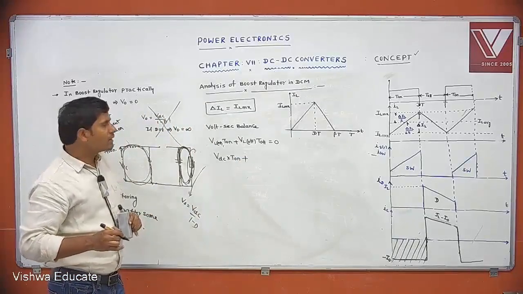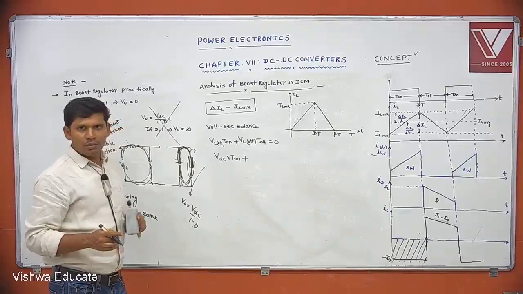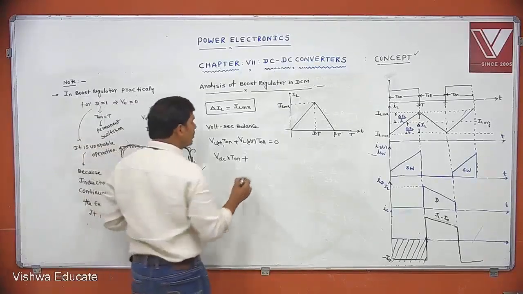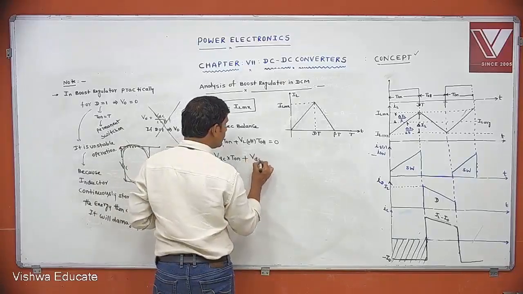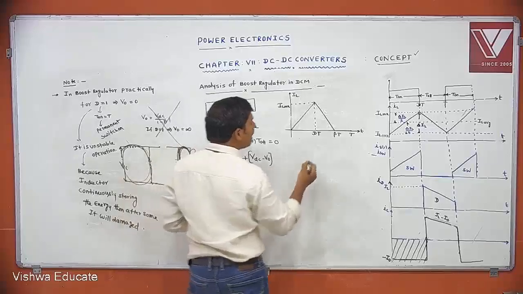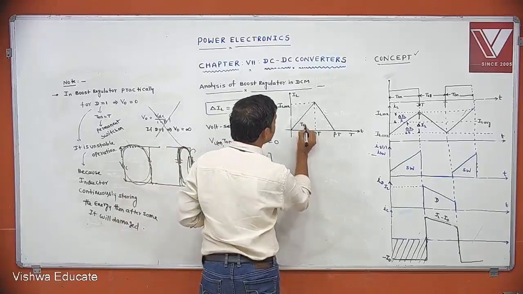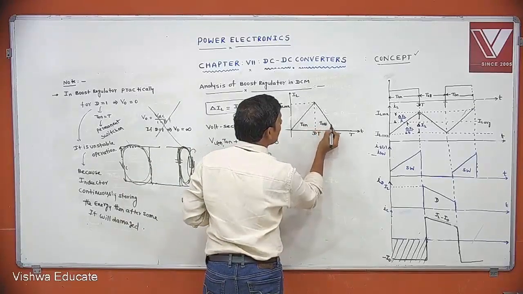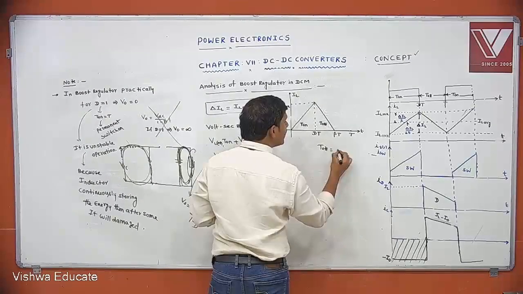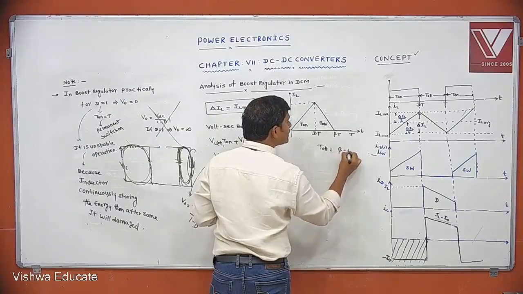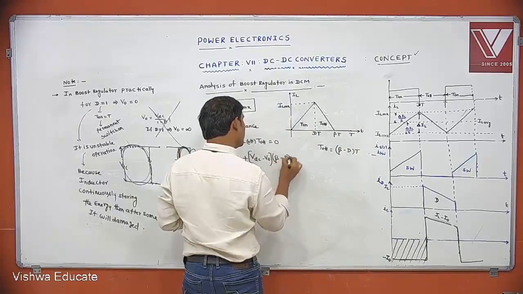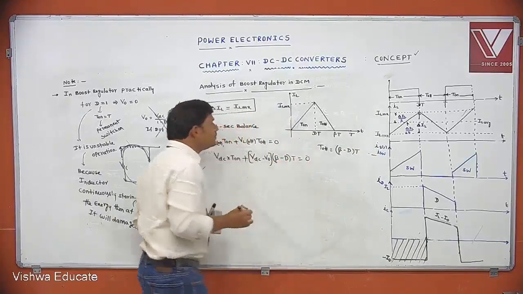We know that VL plus V0 equal to VDC, VL equal to VDC minus V naught. But what is the off time here? This is T on. This is T off. I already told that. In this case, off time is written as beta minus D into T.